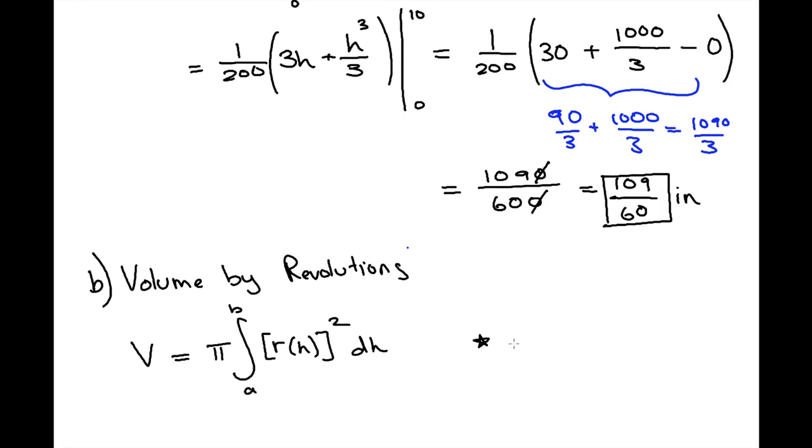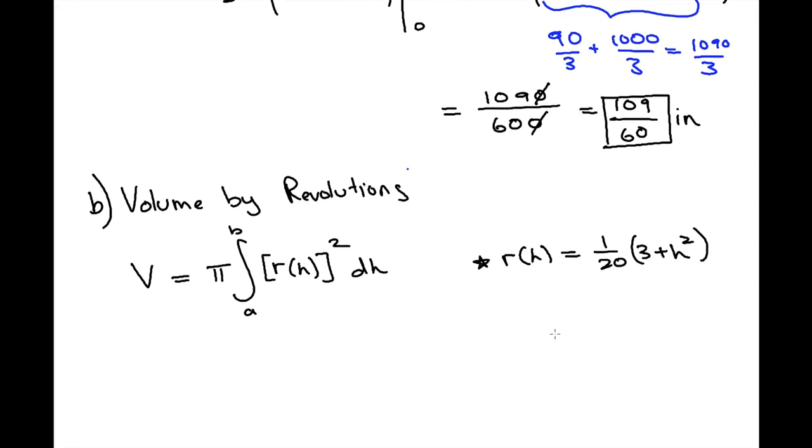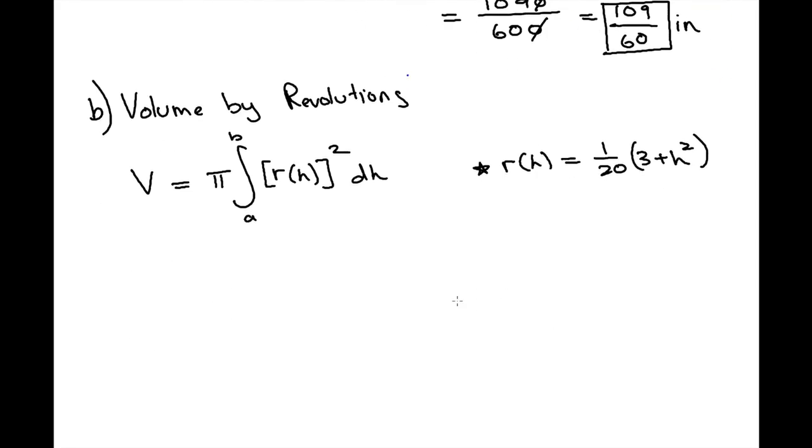And of course, we know that r of h is equal to 1 over 20 times 3 plus h squared. That was just from above. I didn't want to have to keep scrolling back up. So that's basically what our formula is. So let's go ahead and do this now. The interval is going to be from 0 to 10.